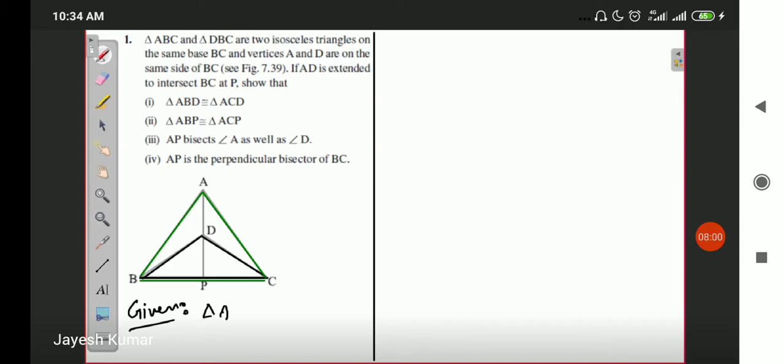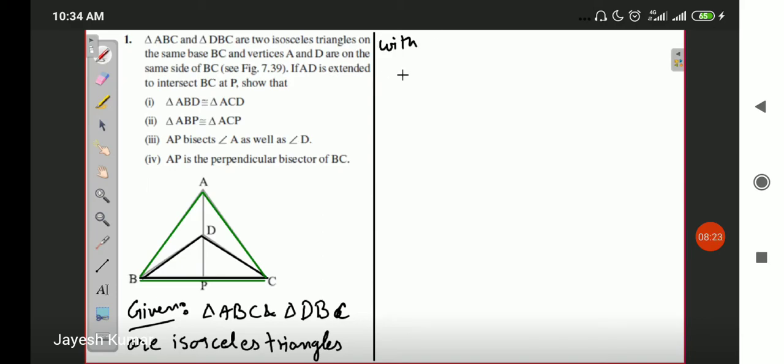Triangle ABC and triangle DBC are isosceles triangles with, okay, in triangle ABC side AB is equal to AC, and in triangle DBC sides BD is equal to DC.